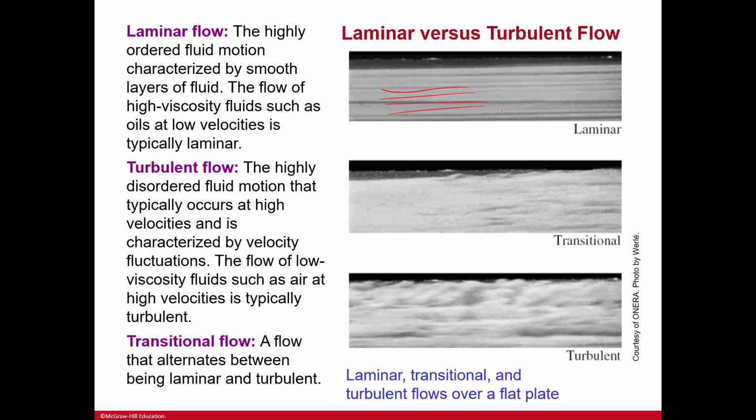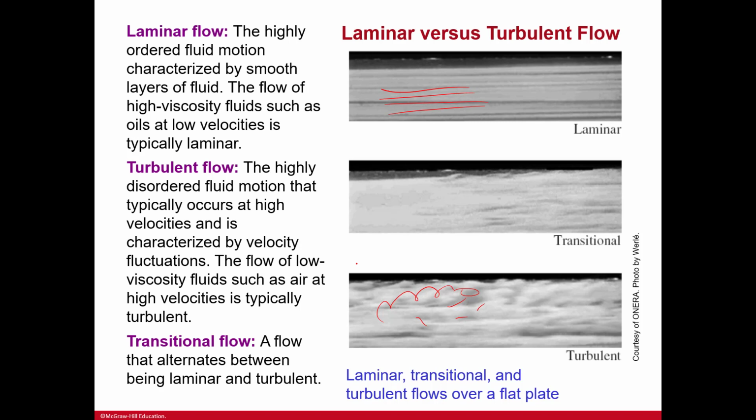So on a really cold day, if you see the steam coming out of a chimney and it's billowing and kind of all over the place, that's a turbulent fluid that you can see, right? It's like billows. It's all over the place. And then in the middle, you have a transitional flow.